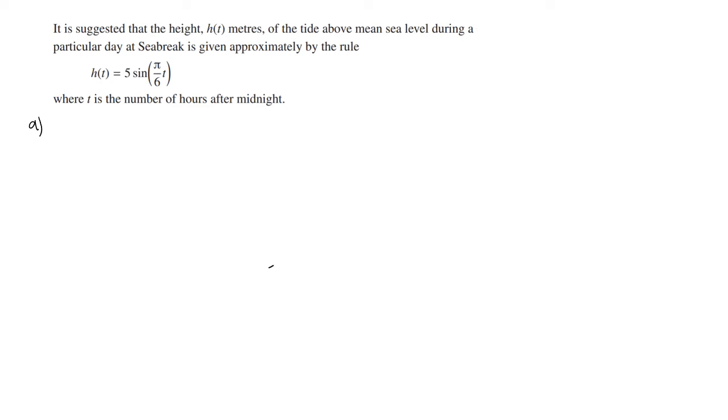Part A, it says draw the graph of y equals h(t) for 0 ≤ t ≤ 24. Okay, let's draw it. Now we need a few things to draw a graph.